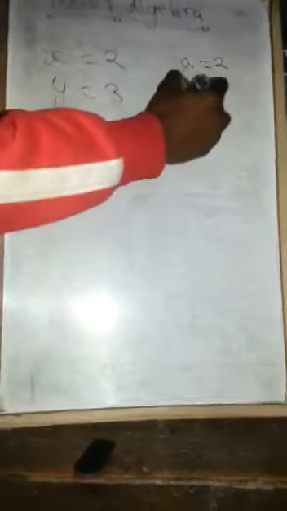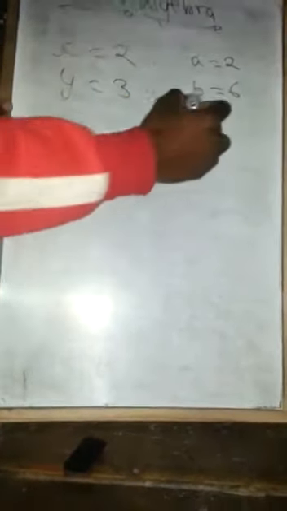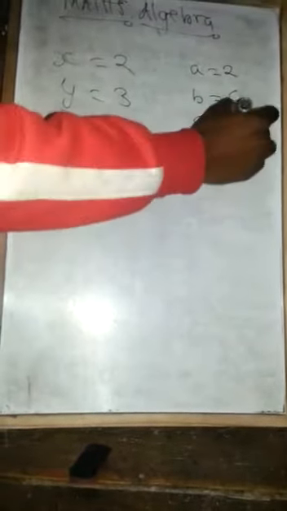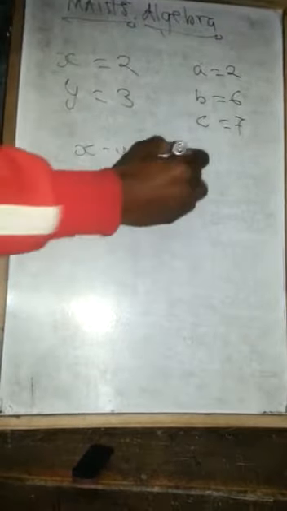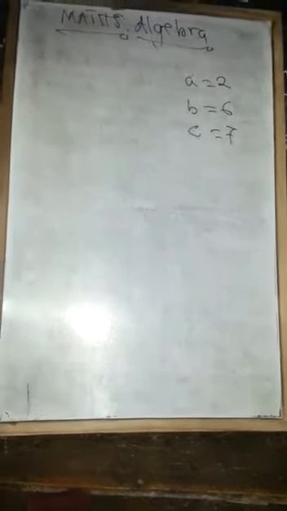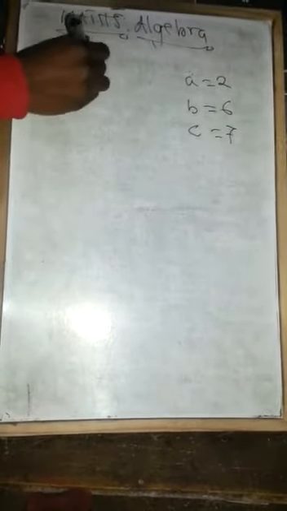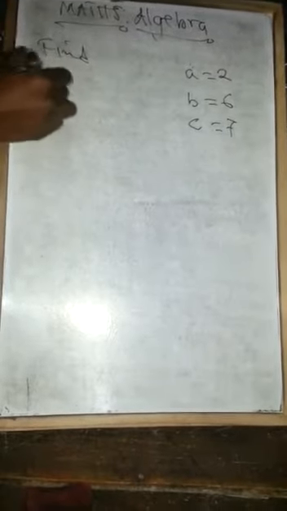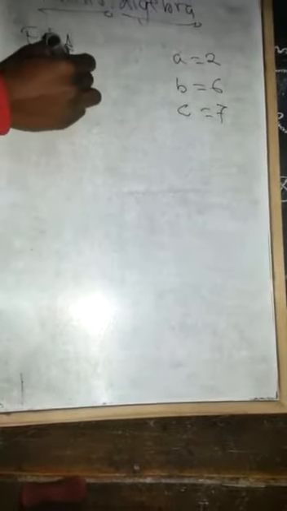Let's look at this example. What if you have the value of A equal to 2, the value of B equal to 6, and the value of C equal to 7? Then you're told to find the value of ABC squared.